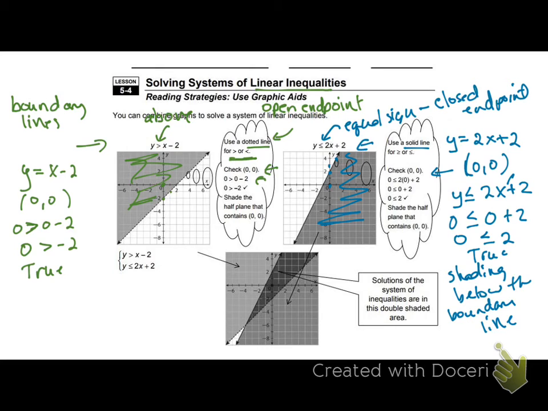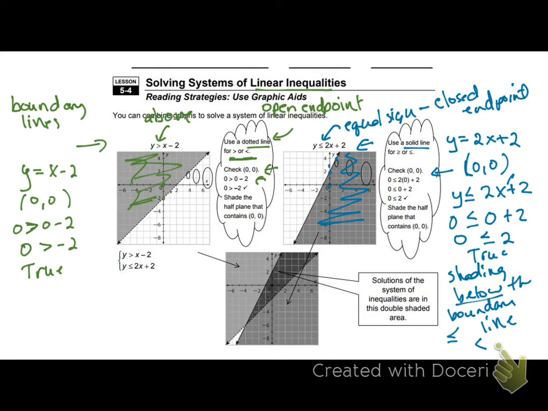That is also because when you look at your inequality symbol, it was a less than or equal to. So your less than or equal to, or your less thans, would produce shading below. And since it included the equal sign, our line was solid.